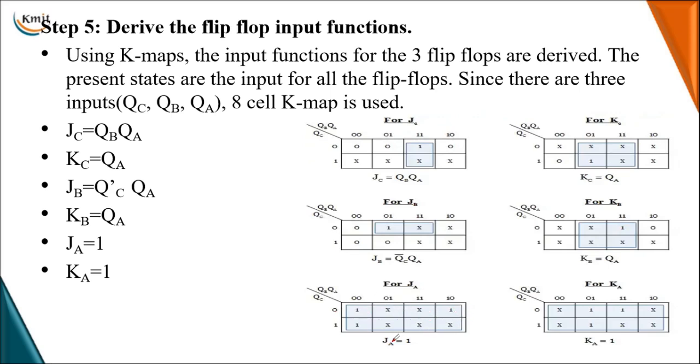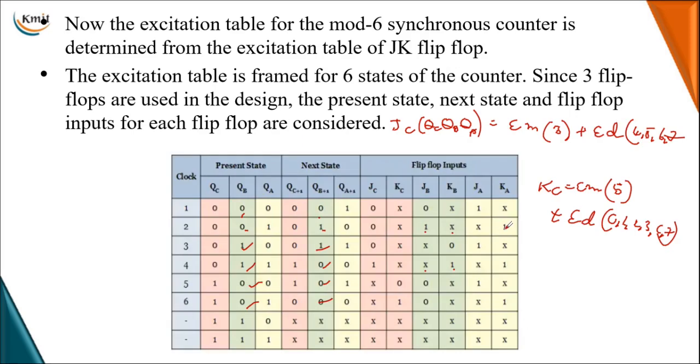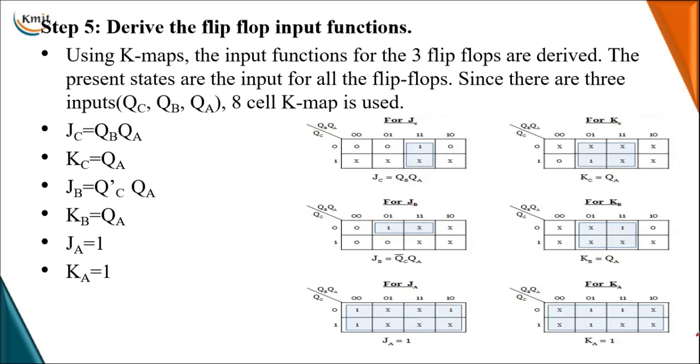By considering these don't cares as ones, this function is minimized to a logic one. In the same manner, for KA we have 3 minterms on 1, 3 and 5, and the remaining are all don't cares. So we map minterms 1, 3, 5 on KA with a 3 variable K-map, and in the remaining cells we map the don't cares. So KA is equal to logic 1. So upon drawing and minimizing each excitation, we got these expressions.